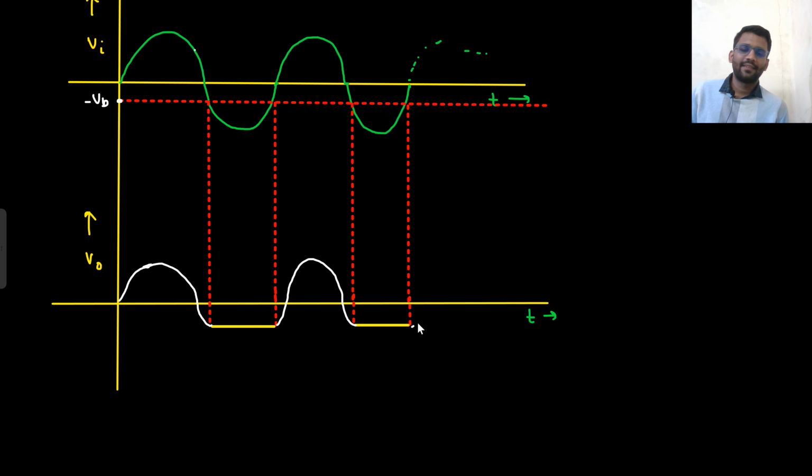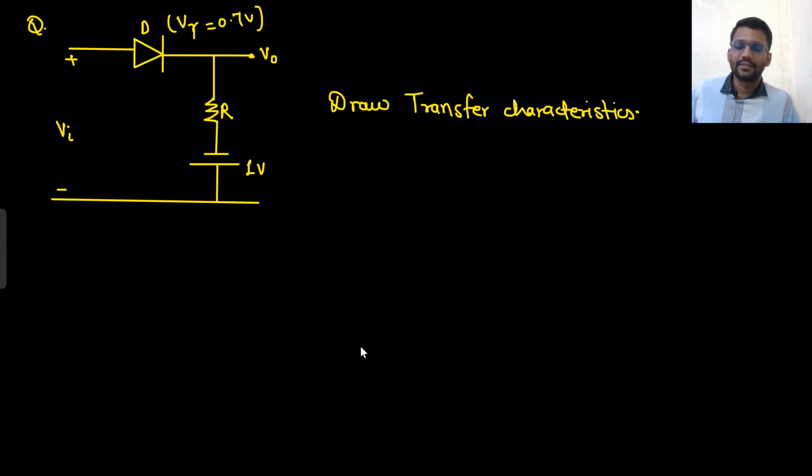Okay, done. So V naught is equal to V in, and here V naught is equal to minus VB. This point is minus VB. Well and good. Okay, let's move on to the next circuit.